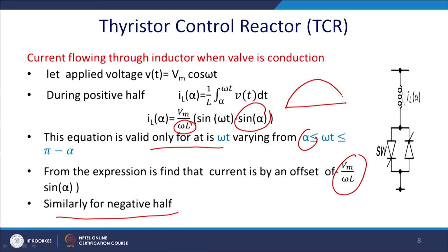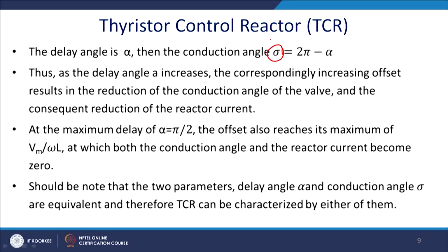Thus, this value will give a shift across the x axis. So, this is the actual current. If you change the angle alpha, it will start like this. This area is the offset given by Vm by omega L into sin alpha, and a similar equation is followed in the negative half cycle. So, what is the takeaway from here? The delay angle is alpha, and the conduction angle is sigma, where sigma is 2 pi minus alpha.